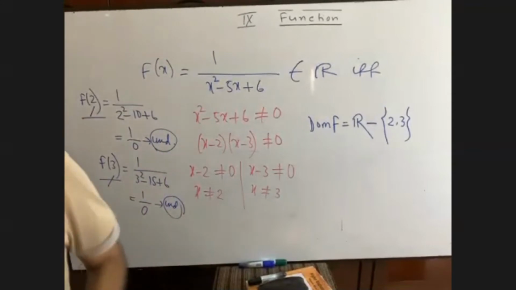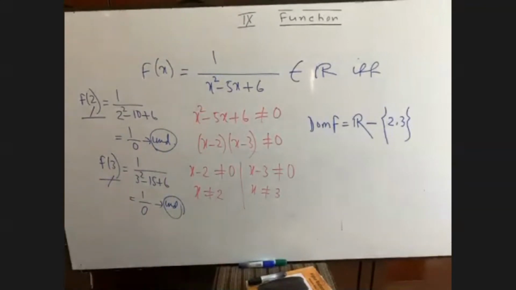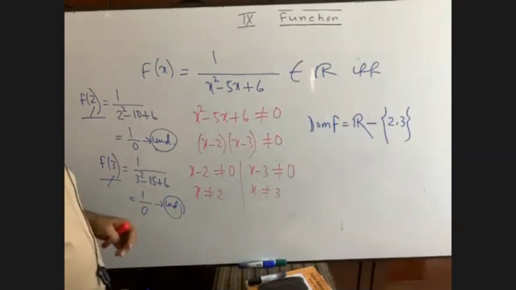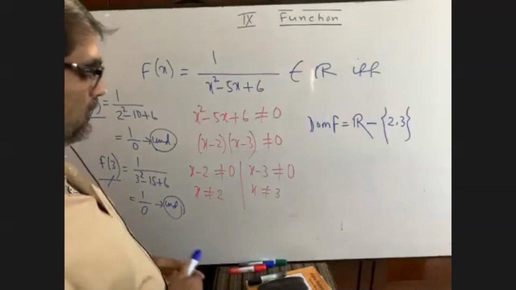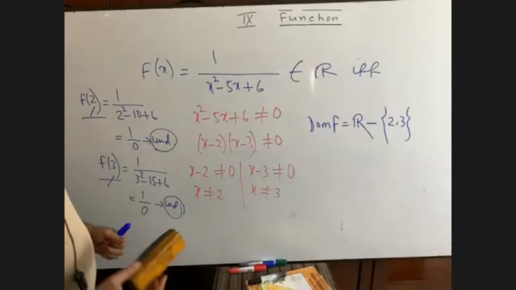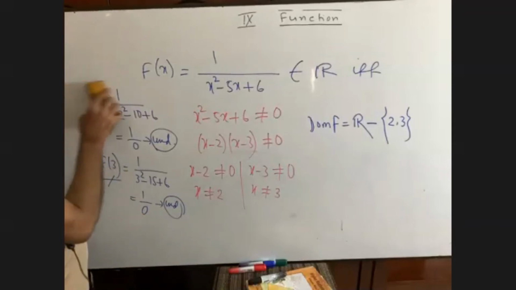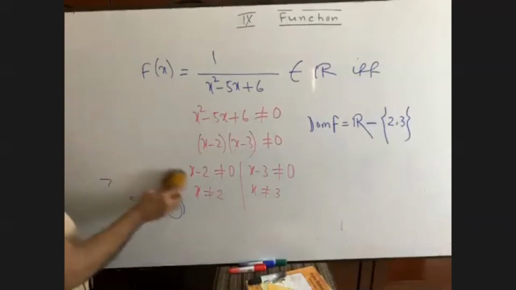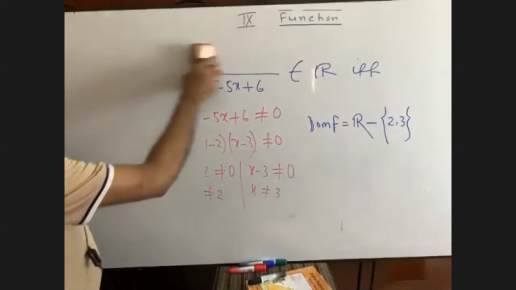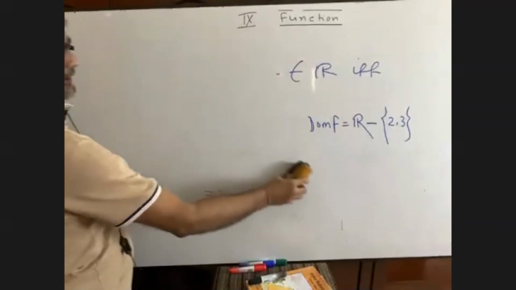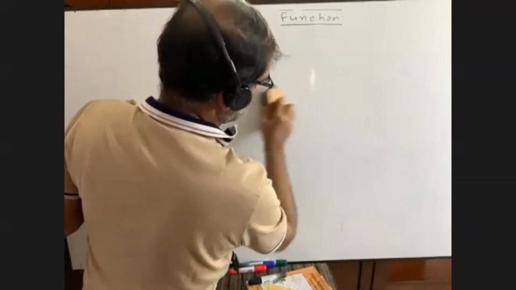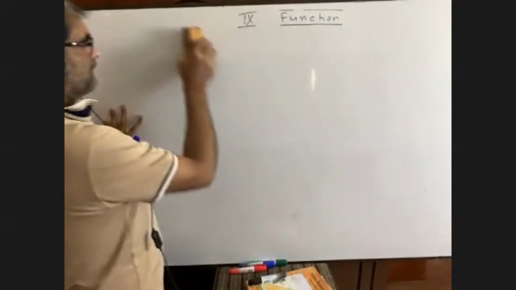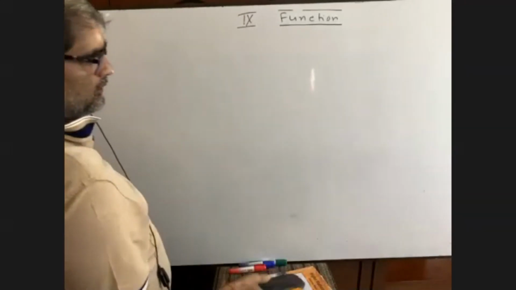Okay, if f of x is undefined, then the value we let for x will not be in the domain. What is the condition of the domain? Domain is that for which f of x is defined. But for some cases, we see that f of x is undefined. In that case, those values of x won't be accepted as domain. Have you got it?